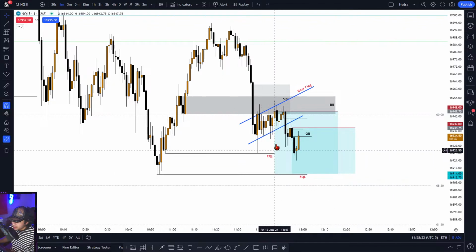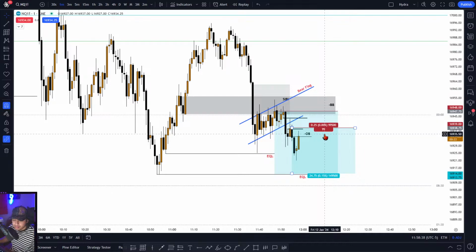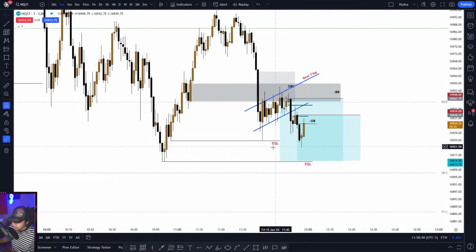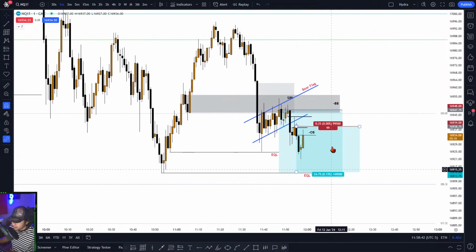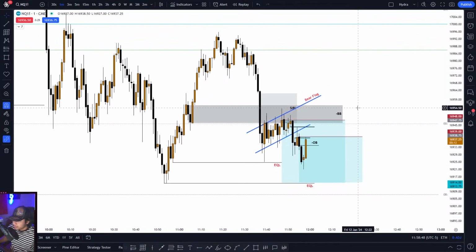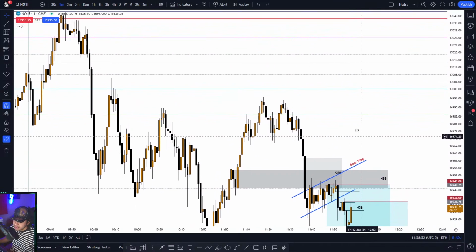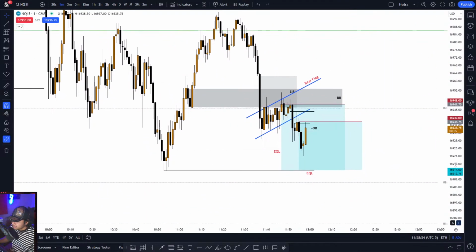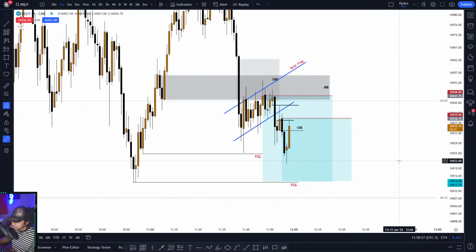but we saw the target, we aligned to it, we are tape reading here with this model. So equal low down here, breaker, CB. Yes, we are inside a macro, but the thing is we have so much liquidity towards buy side and sell side again, so not a favorable condition to take the trade.